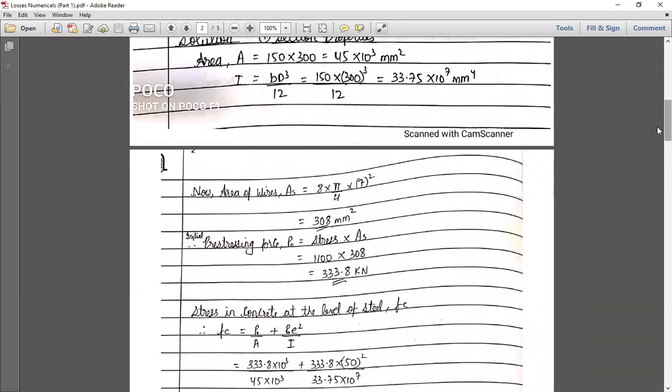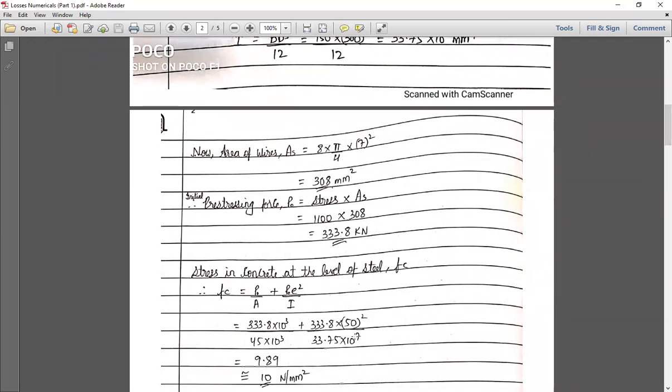Now let us find out stress in concrete at the level of steel. For this we will be required to find out the losses. In one of the losses, you have this term fc, which we have seen in the theory lecture, that is stress in concrete at the level of steel. It is given by the equation P by A plus P e square by I, that is direct stress plus P e square upon I. So you have to remember this equation.